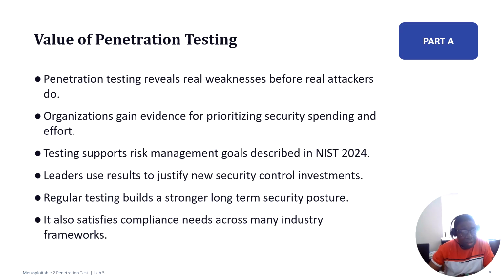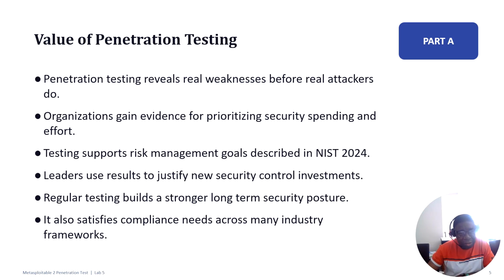So why does this matter to an organization? Penetration testing exposes real, exploitable weaknesses before an actual attacker finds them, which gives security teams concrete evidence instead of guesswork. That evidence helps leadership prioritize where to spend limited security budget and justify investment in new controls.